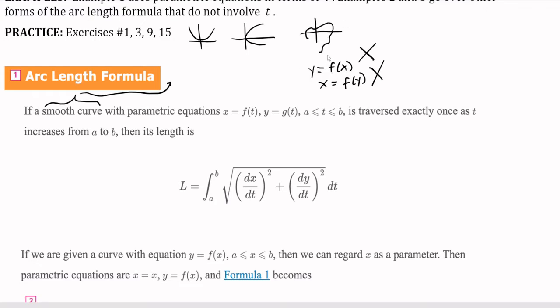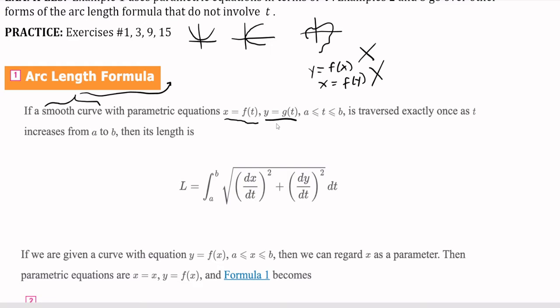One way we can describe a function like this is, instead of trying to describe the whole thing all at once, we say, can I at least get a function for how the x moves? So horizontally, how does this curve move? If I can do that, that's right here: x is a function of some other variable t. I like thinking of this as time. And then separately, I'm going to describe y, the up and down of this curve, as, again, a function of t, but a separate function possibly.